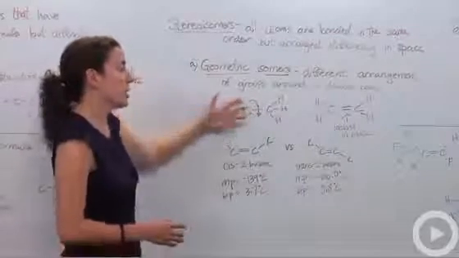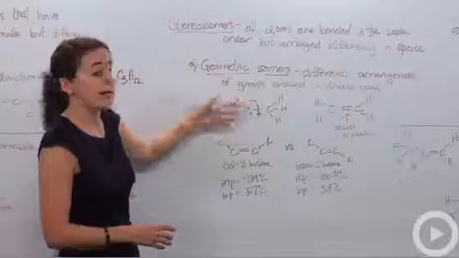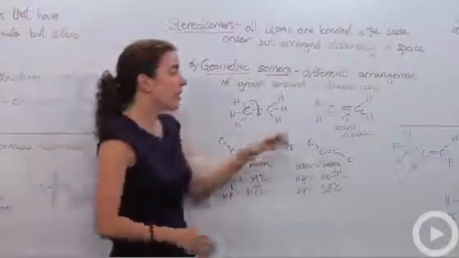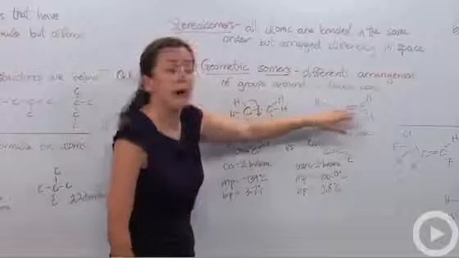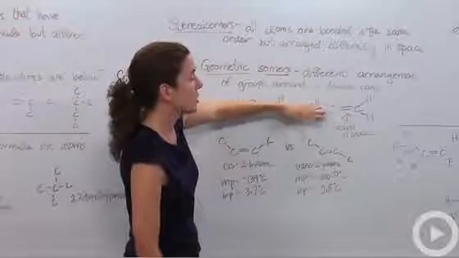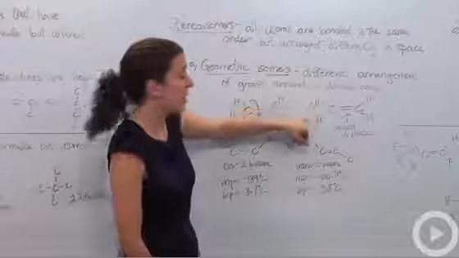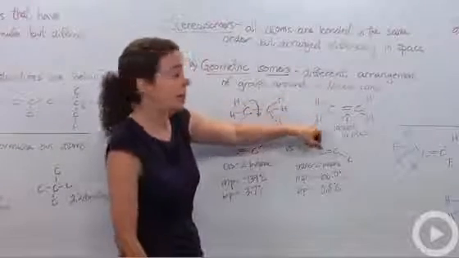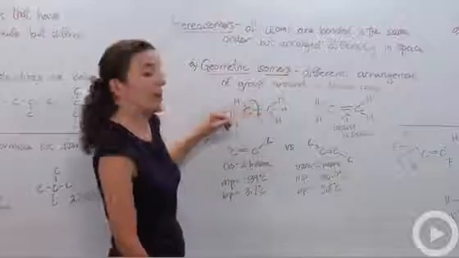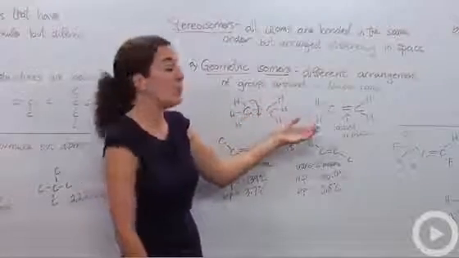That carbon can turn itself freely and have no issue at all. But if it's double bonded, this double bond locks it into place. So you can't turn and twist this carbon. The hydrogen that's up there will always be up there, and the hydrogen that's down there will always be down there, because it doesn't have the freedom that single bonds do. Same with triple bonds.